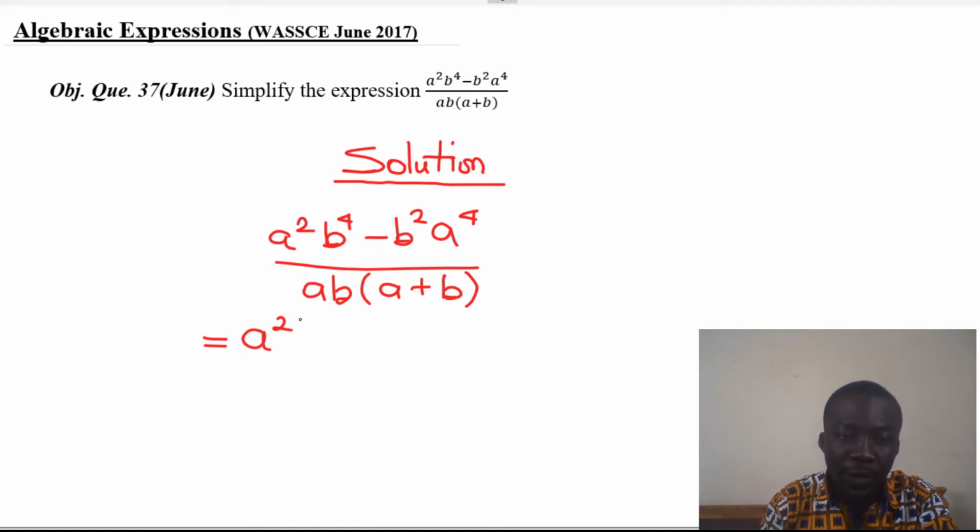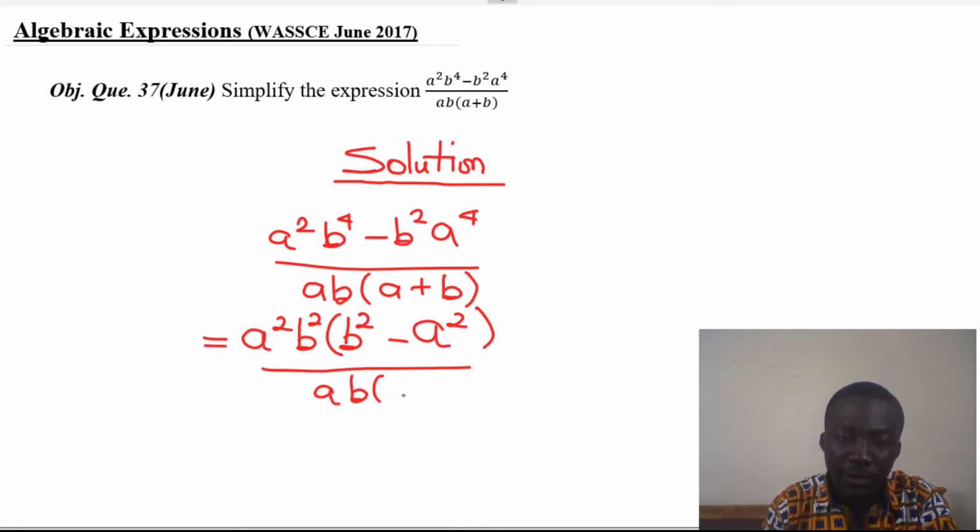Then we can also factorize b square out. When we do that, a square comes out, b square comes out, so we'll be left with b square minus a square, divided by ab into bracket a plus b.